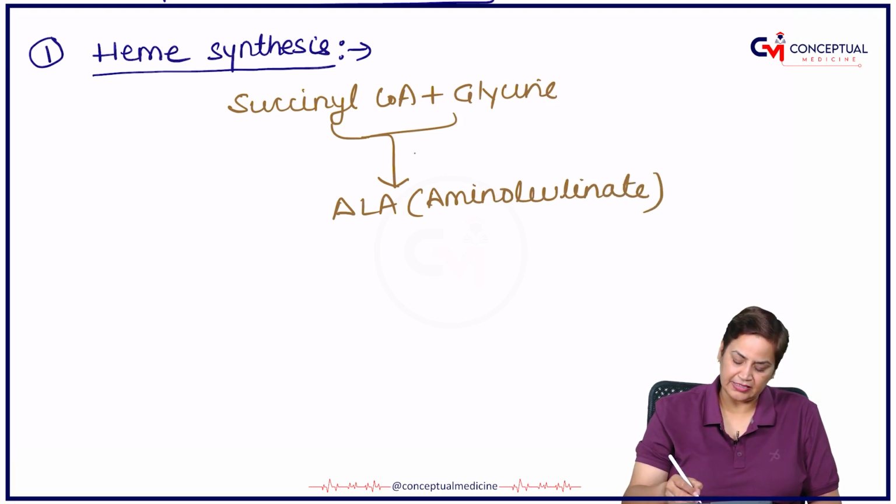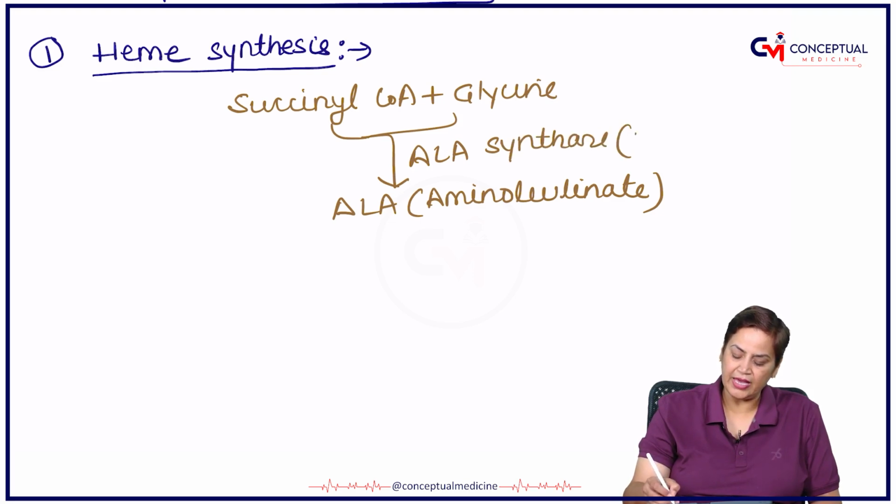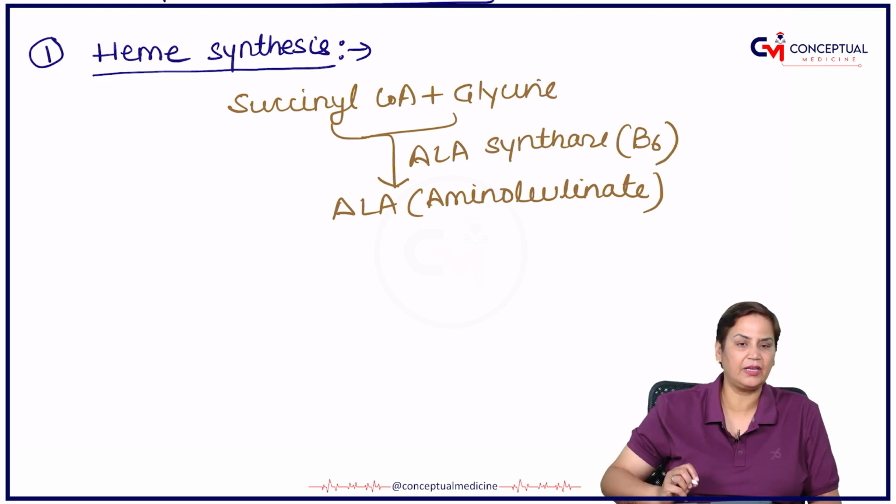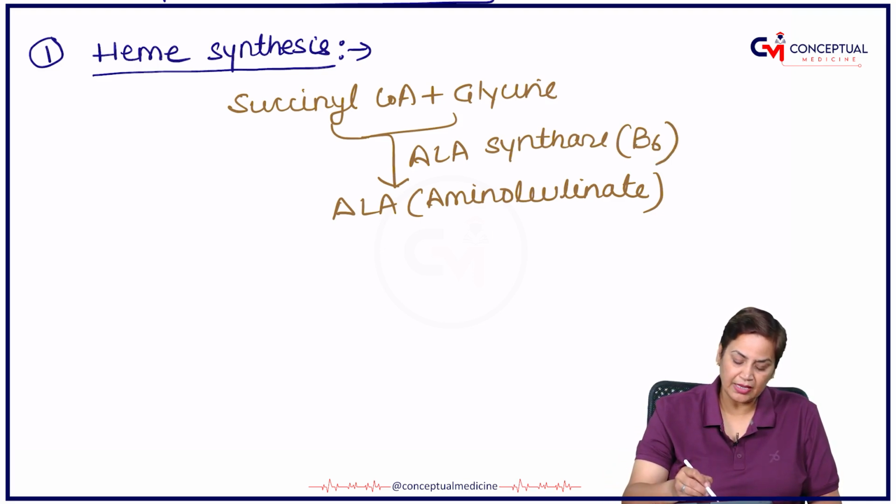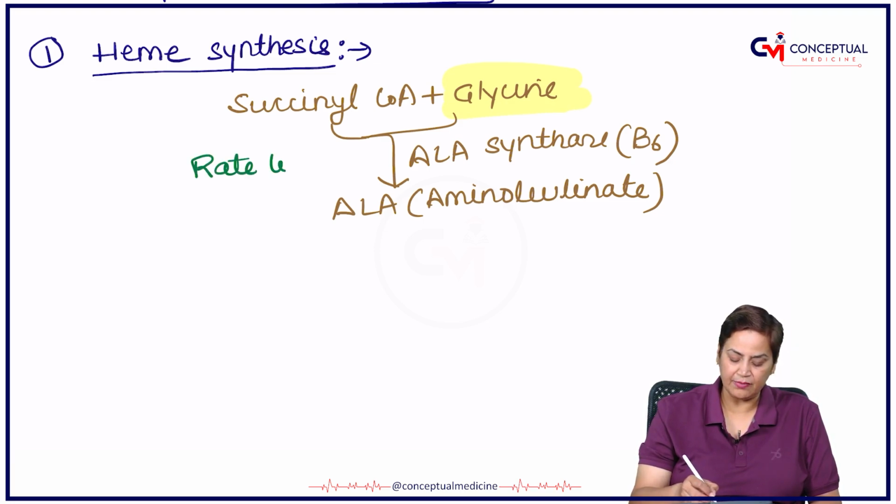And the name of the enzyme here is ALA synthase, which requires B6 for its activity. But the most important thing is glycine. And this is a rate limiting enzyme also. This is the rate limiting enzyme of heme synthesis.